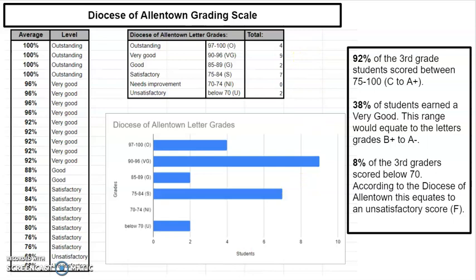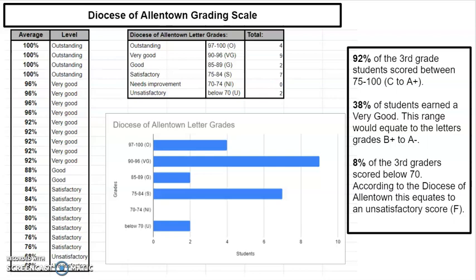So according to the Diocese of Allentown grading scale, the data indicates that while the majority of my third grade students demonstrated a satisfactory to outstanding level of understanding of knowledge, comprehension, and application in measuring matter, 2 students did not meet at least a satisfactory level of achievement.